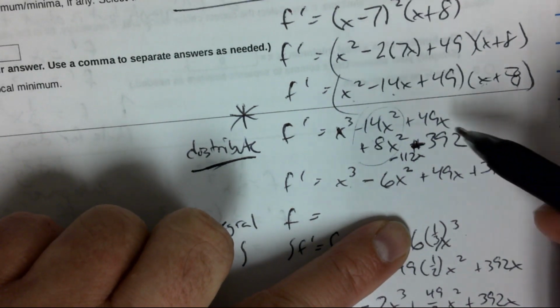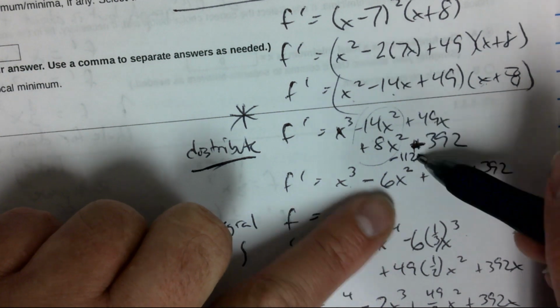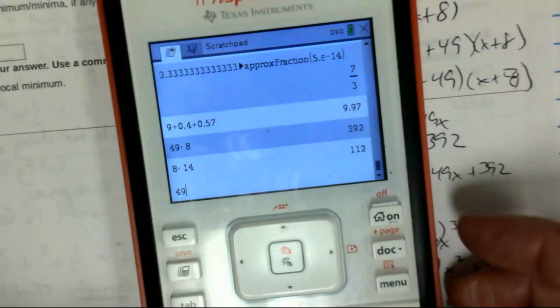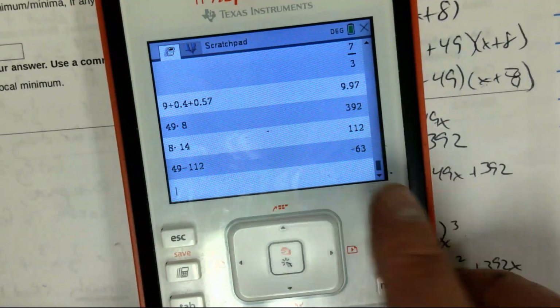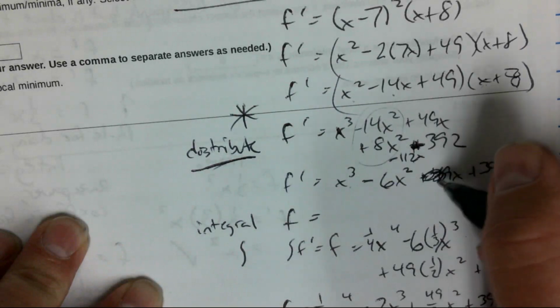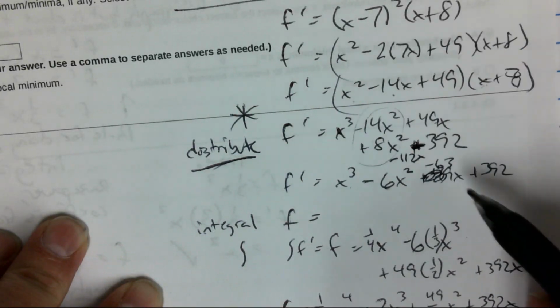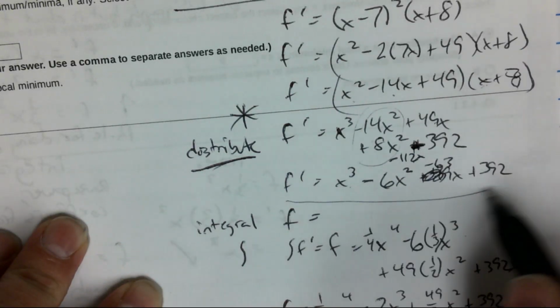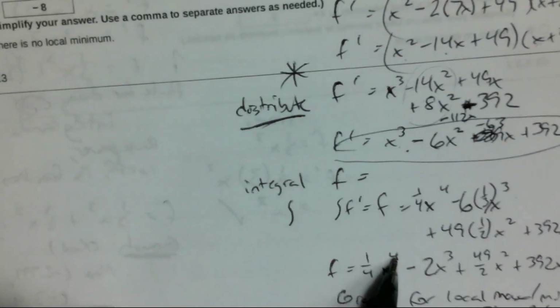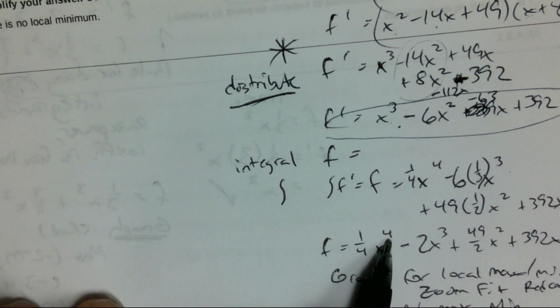And then we need to combine 49 and negative 112. We get negative 63. So that's your new function, which means this is a little bit inaccurate, part of it.